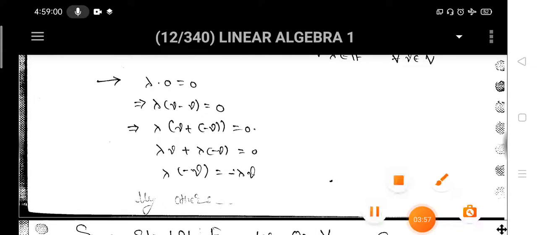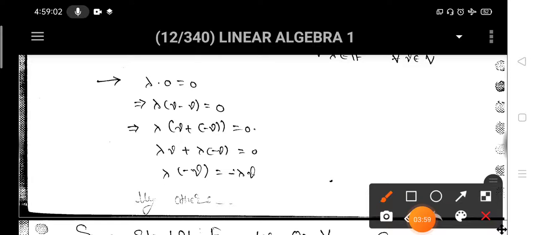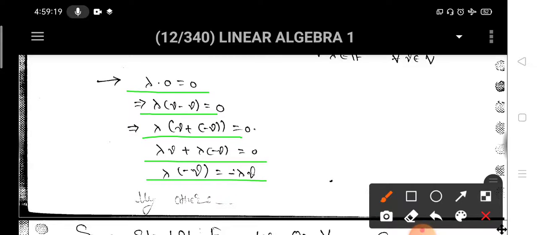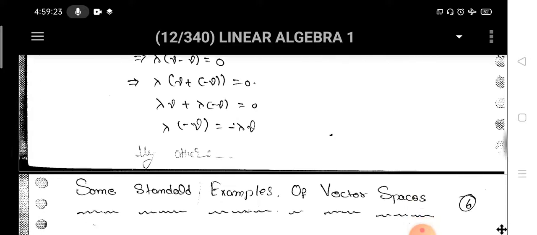Various properties from the definition of vector space have been exploited here. So lambda into 0 is equal to 0, this is from the first or second property. Now 0 can be written as V minus V. Now making use of the definition of vector space for scalar multiplication, we can use that property and arrive at this. Similarly we can prove the others. This is not too difficult to prove.